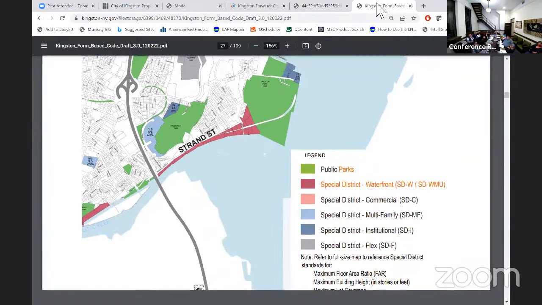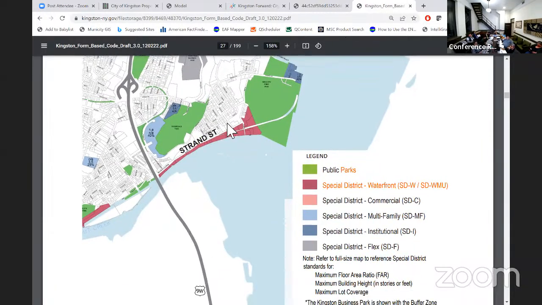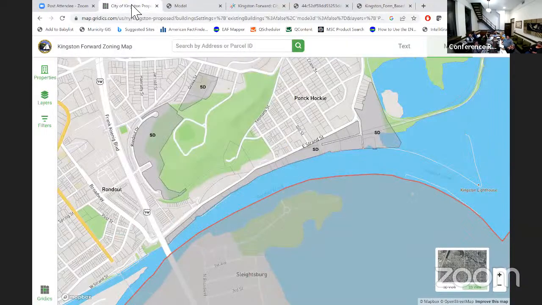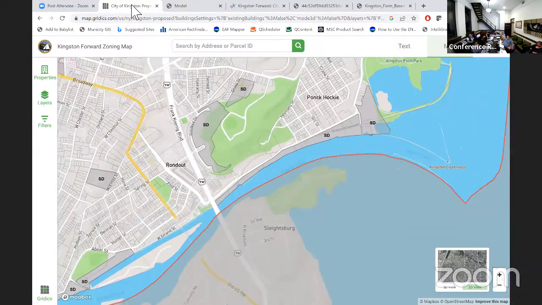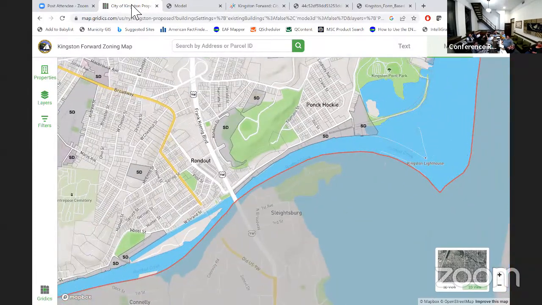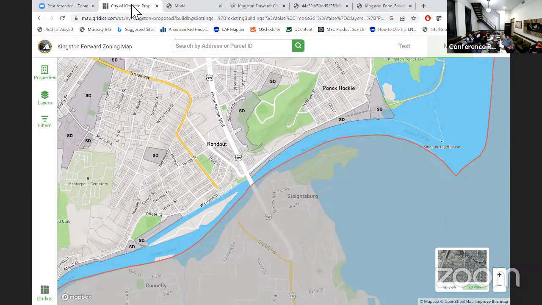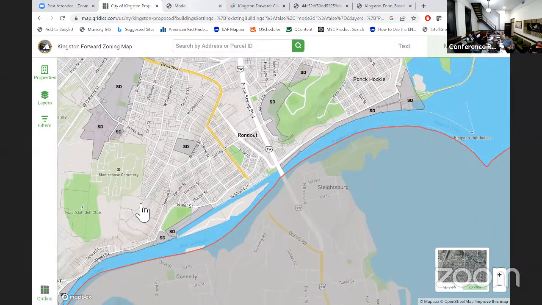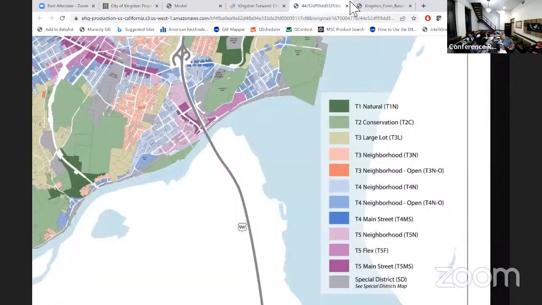So the waterfront is that dark red color, and it's all from the Rondout Creek on the Strand. Further down along the Rondout Creek, when you get by Island Dock and beyond, there's a component of it as well.